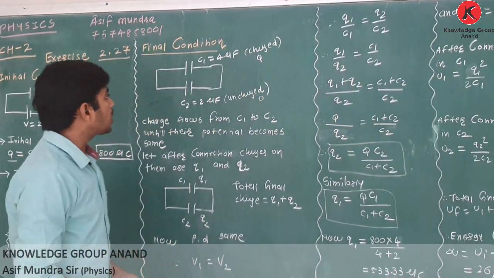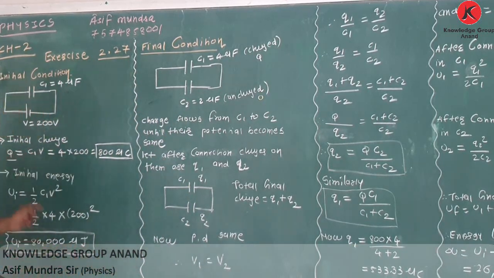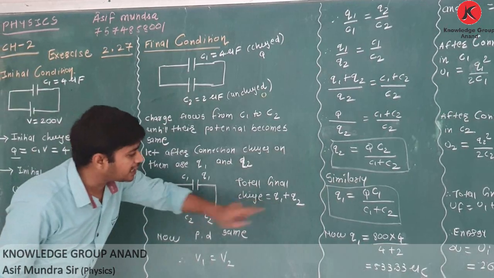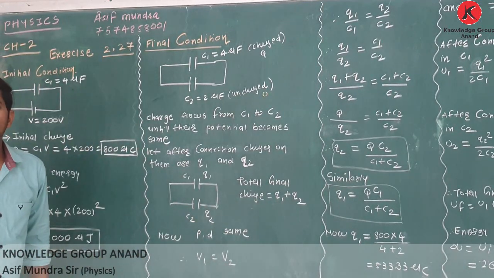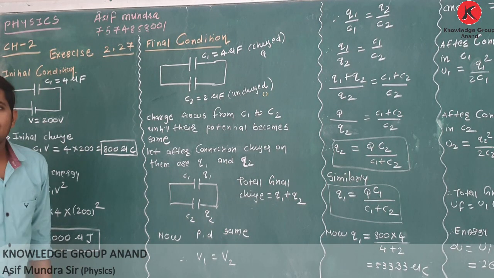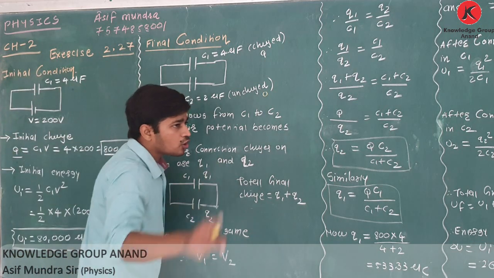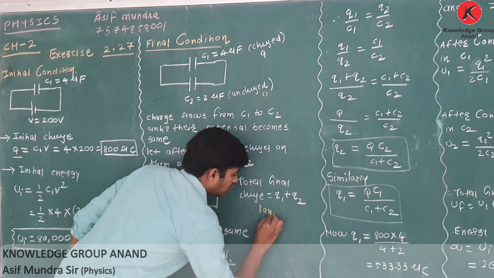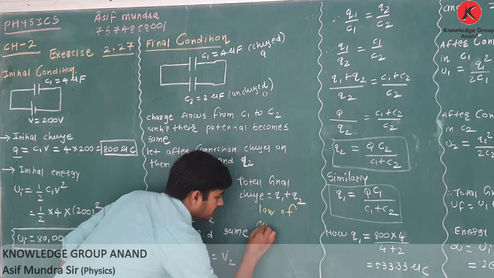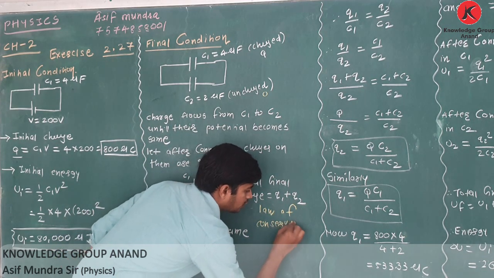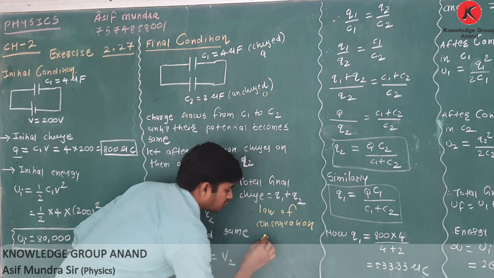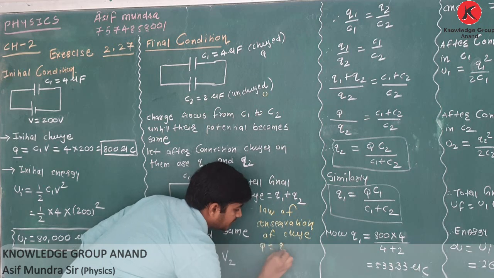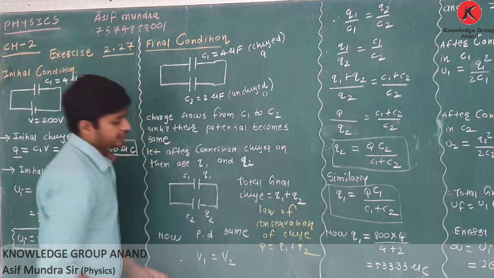Now see, what is the total initial charge? Q. What is the total final charge? Q1 plus Q2. According to the law of conservation of charge, we can write total initial charge is equal to total final charge.